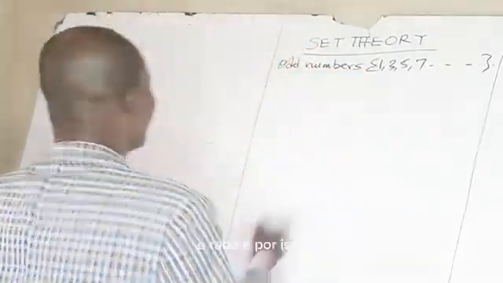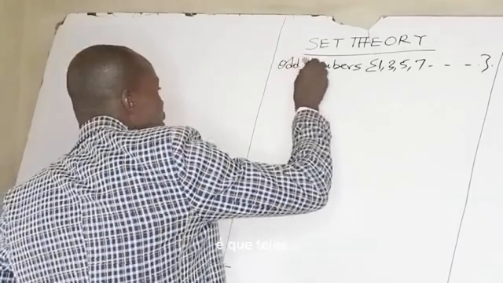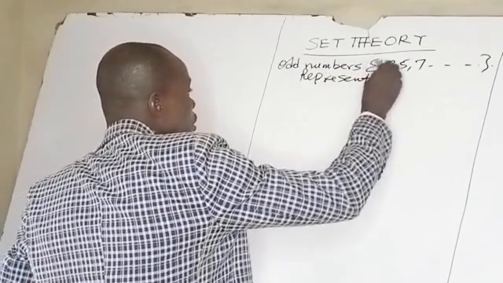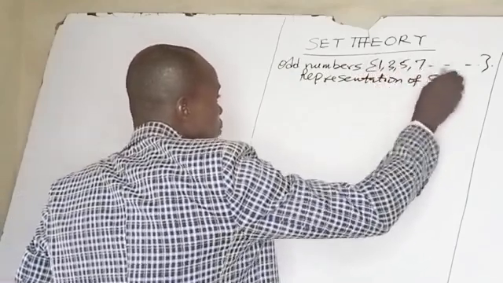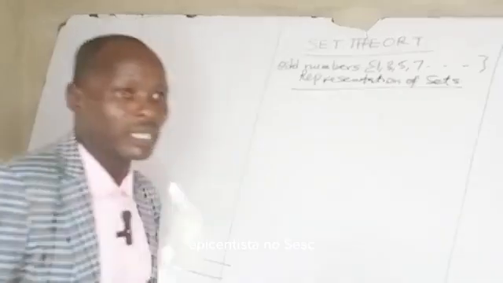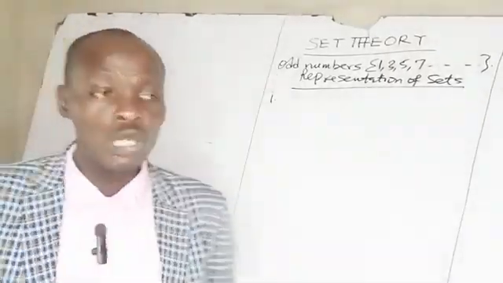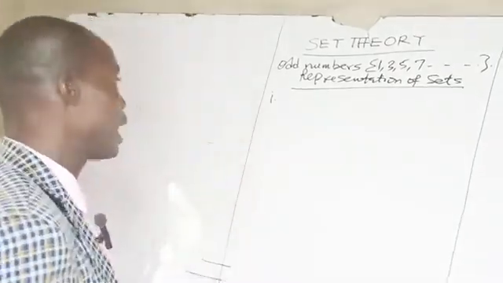So we have representation of sets. Number 1. Sets are usually represented in braces and not brackets.